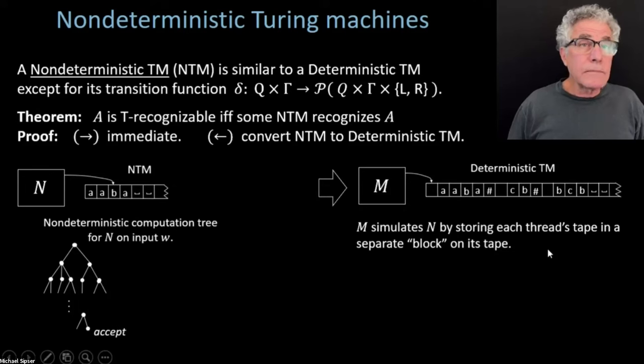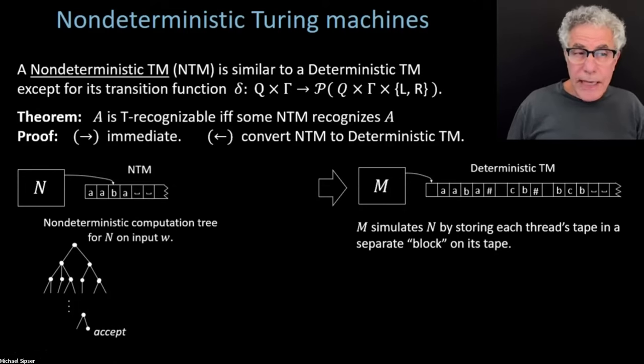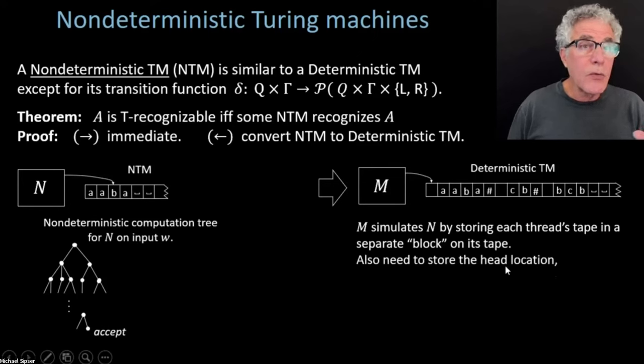Now, remember, in the case of the multi-tape simulation, we needed to record some extra information. In particular, we had to record the location of the heads by using those dotted symbols. We're going to do that again, because each one of these threads might have its head in a different location. But we're going to have to do more. But let's do one thing at a time. We're going to store the head location. Here they are all written down as dotted symbols.